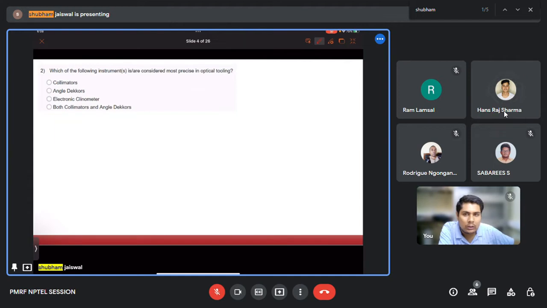Yes, Mr. Hansraj Sharma, you are correct. The correct answer is both collimators and angle takers. In this question, they have asked for the most precise optical tooling, so we can eliminate one option, the electronic clinometer. It is not an optical instrument. It is based on the principle of the spirit level and projection.